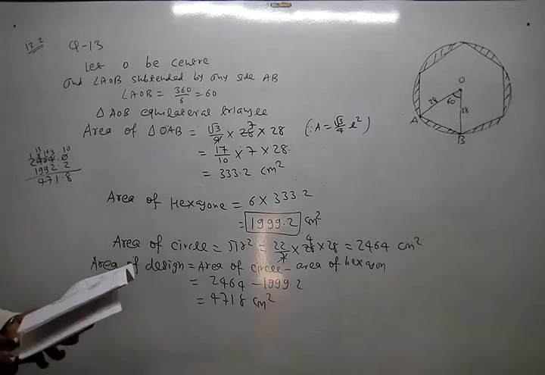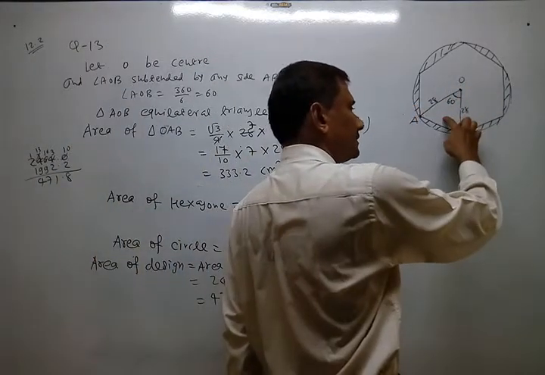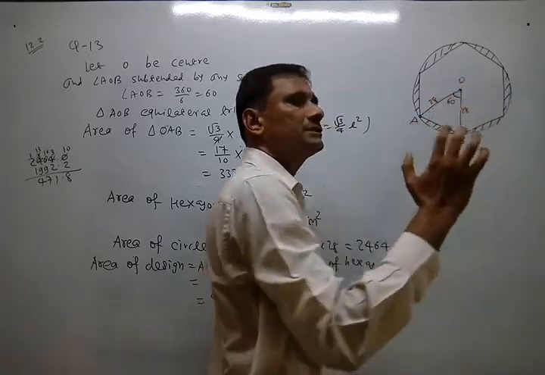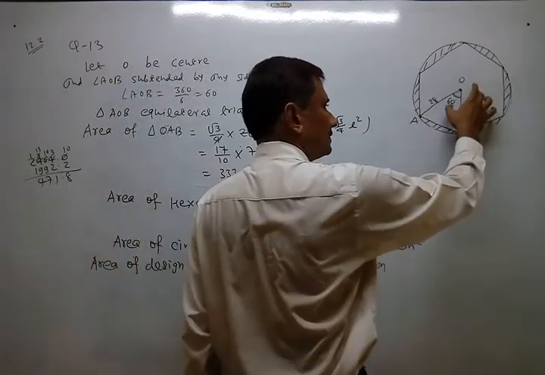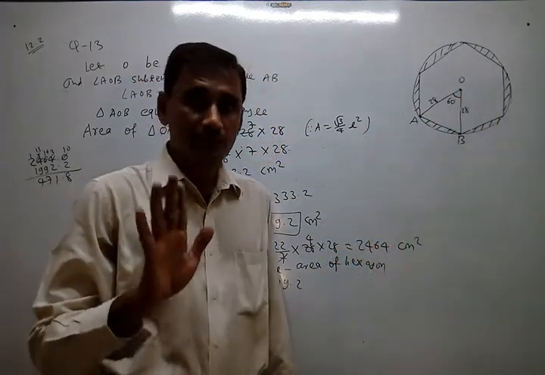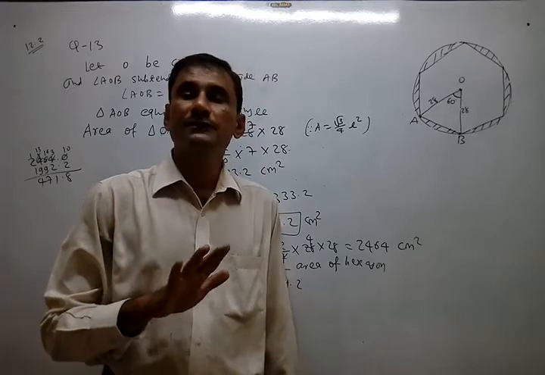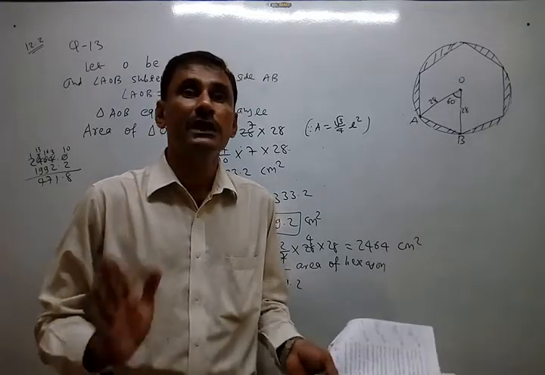Understand again so far. First of all, this extra drawing is done because we want to find the area of the hexagon. But before finding the area of the hexagon, we want to find the area of an equilateral triangle. There is a formula for the hexagon's area, but we cannot use it directly because it is not given anywhere.